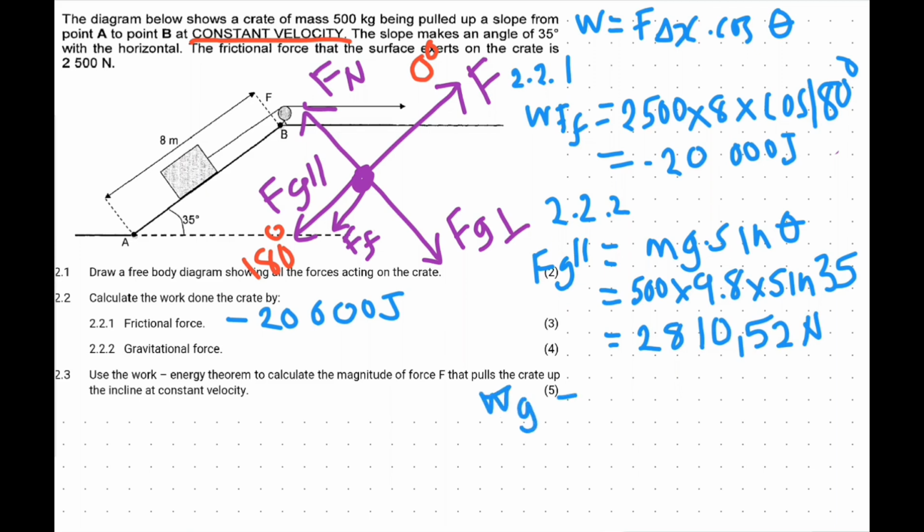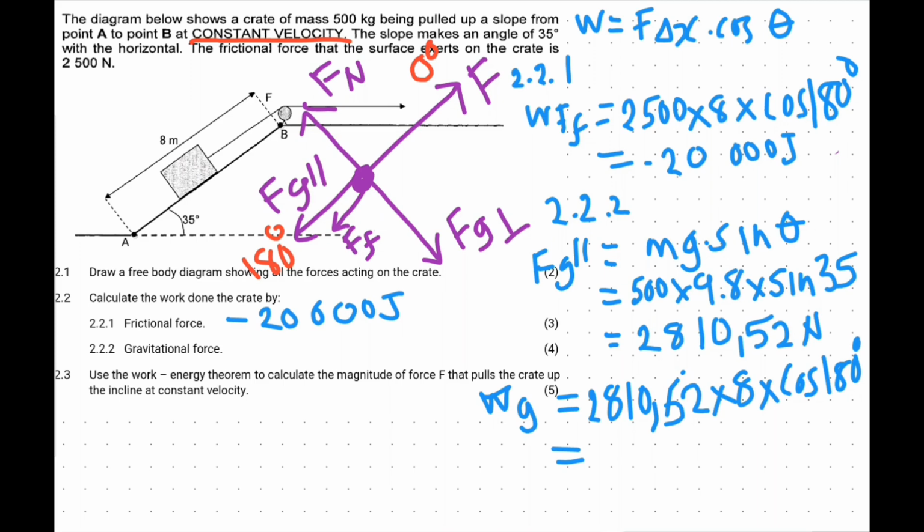Gravitational force times 8 is going to be cos of 180 again. Why? Because the gravitational force, or the parallel of gravity along the inclined plane, always acts down the slope.